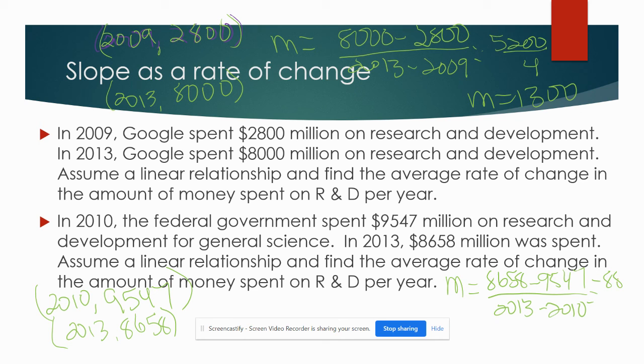So that's negative 889 over 3, which gives us a slope of roughly negative 296.3 repeating, or 296 1/3. This means that they are decreasing their research and development spend for general science each year by roughly $296 million.